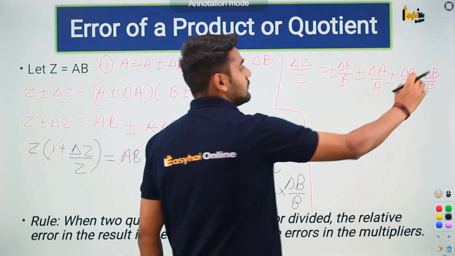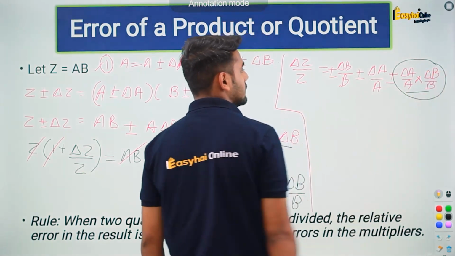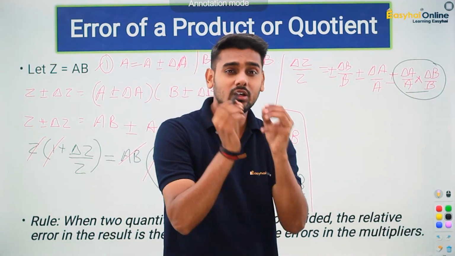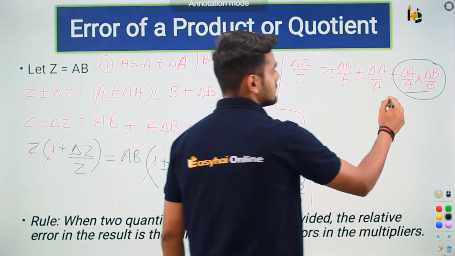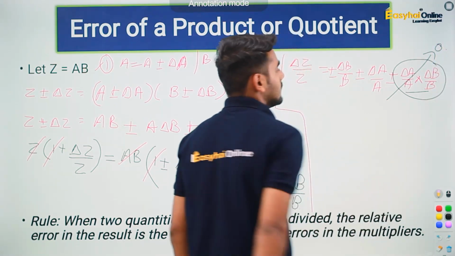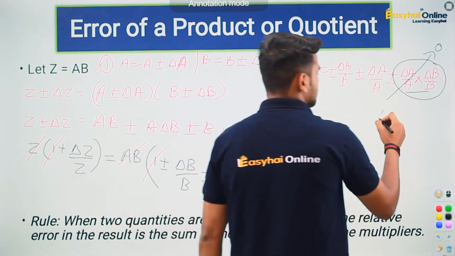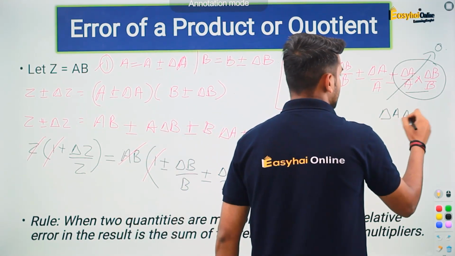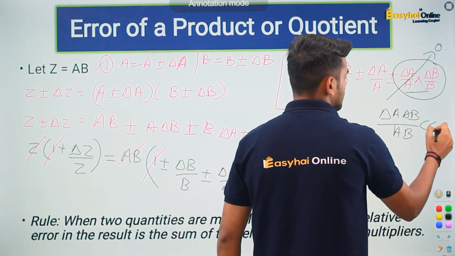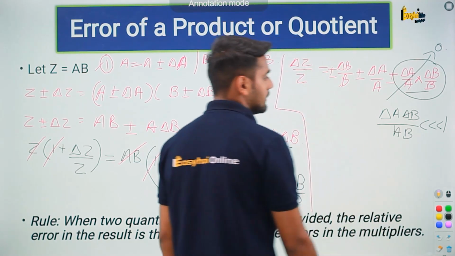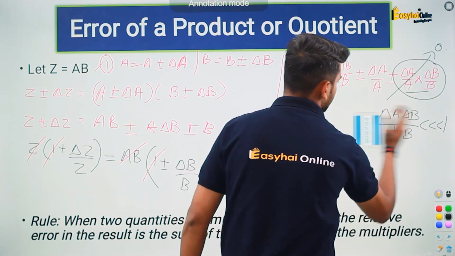As a result, if I consider the multiplication of delta A upon A multiplied by delta B upon B, this is very, very close to 0. It's a very small value, so this is negligible. So I can simply say that this value can be neglected. Why? Because delta A delta B upon AB is very much less than 1. It's a very small value, approximately 0 itself. So I'm just neglecting this.